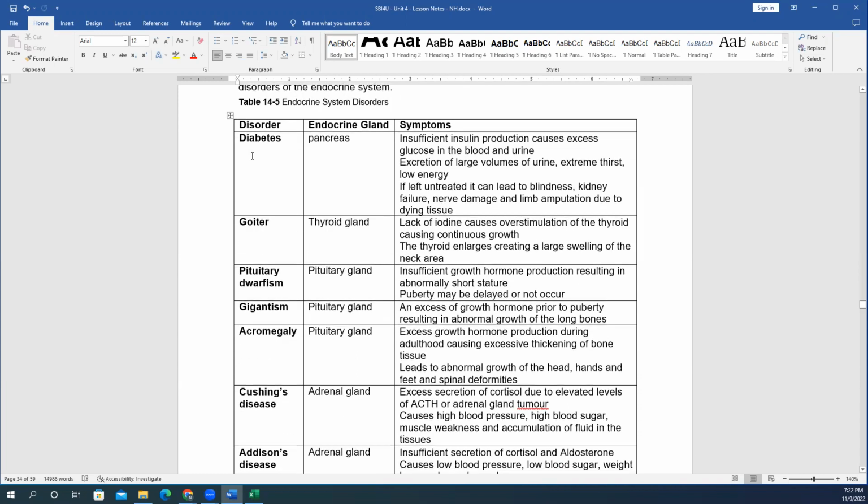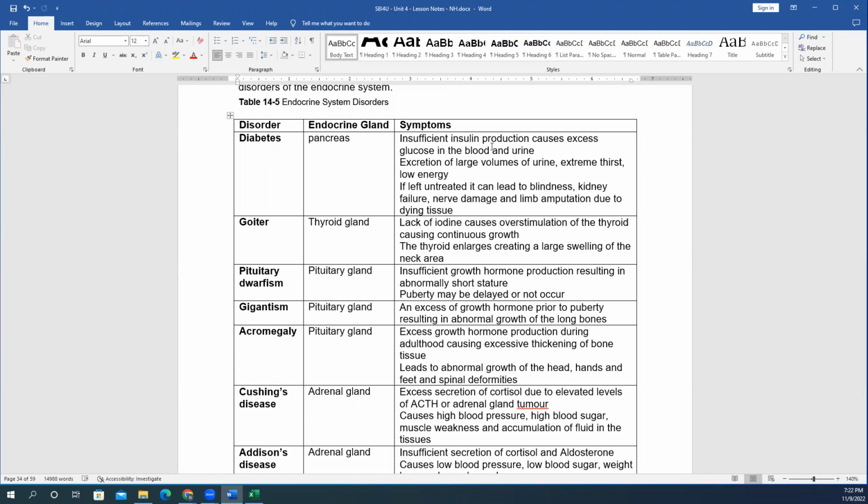One of the ones that we are a little bit more familiar with, and we discussed somewhat in our last lesson, is diabetes. And here in this case, the affected endocrine gland is the pancreas. The symptoms in diabetes are insufficient production of insulin, which will cause increased glucose levels in the blood and also in the urine.